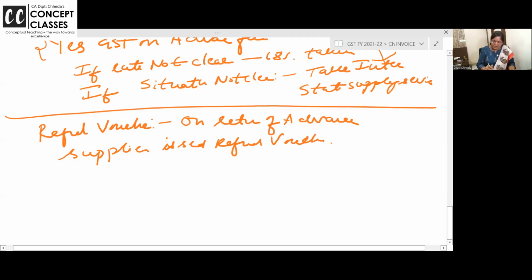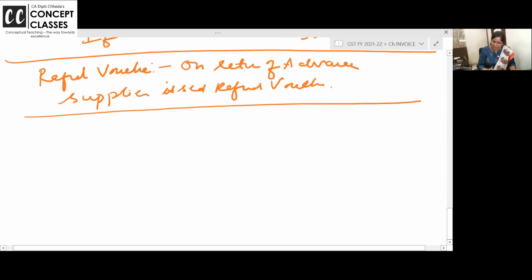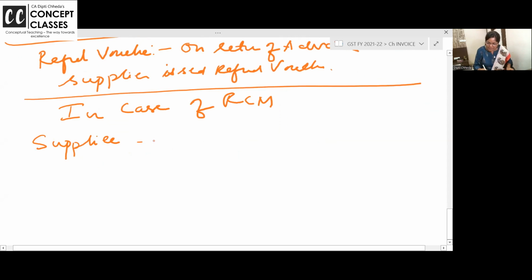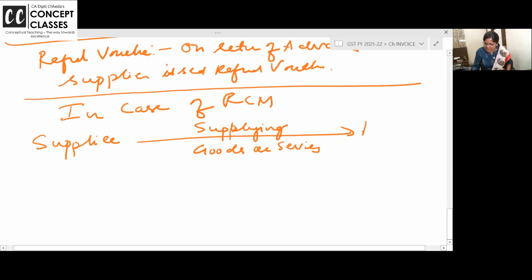Last, before we close for today, just write down, after the refund voucher, the case of RCM, reverse charge mechanism. I think it is the third or fourth time we are drawing this diagram. The supplier is supplying goods or services to the recipient.